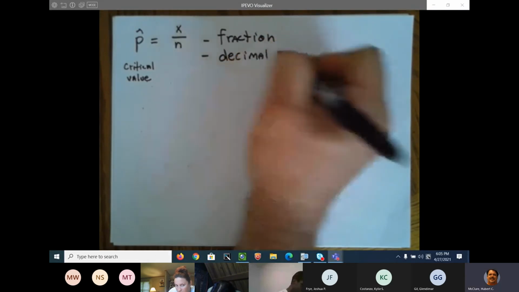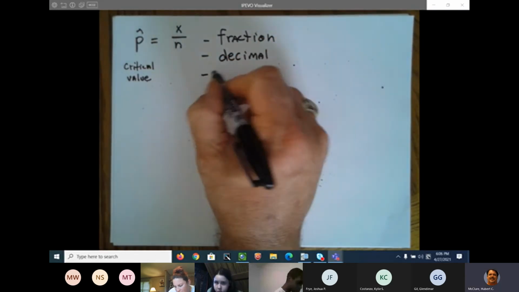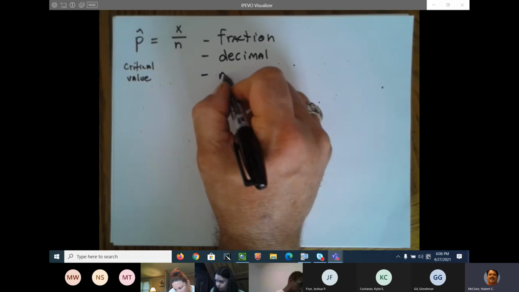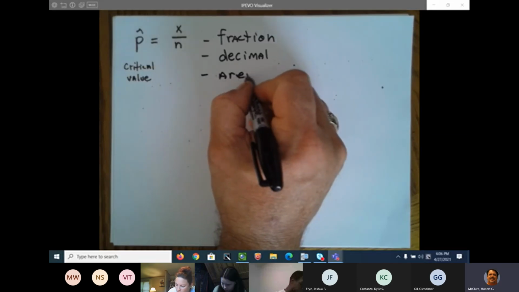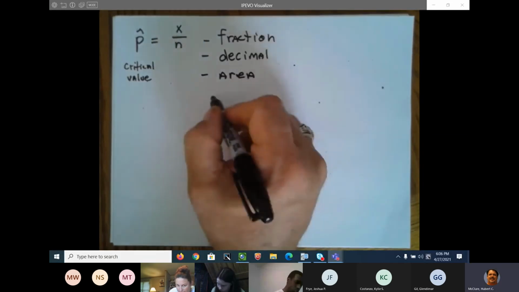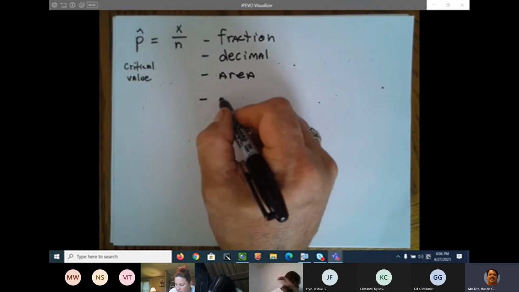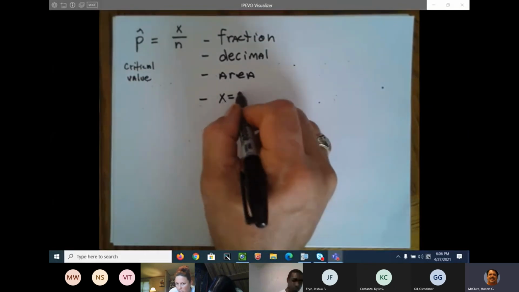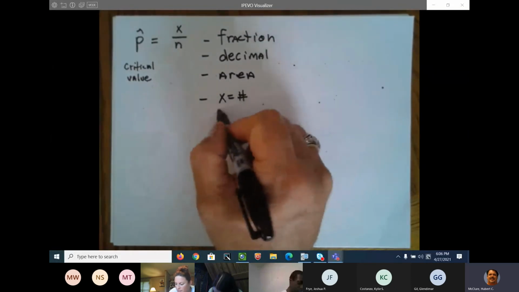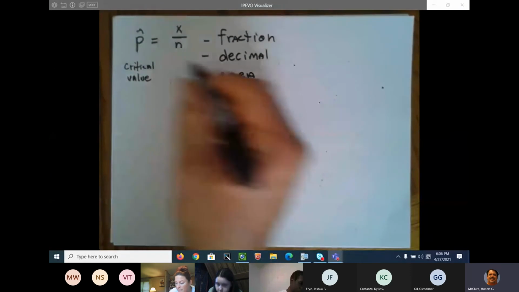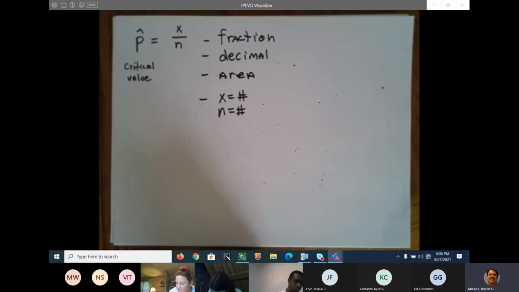It can come in the form of an area, meaning 4 digits. It can come in the form of two numbers. X is equal to a number and N is equal to a number, and you have to put it in fractional form. Oh boy. Okay? Just like chapter 7.